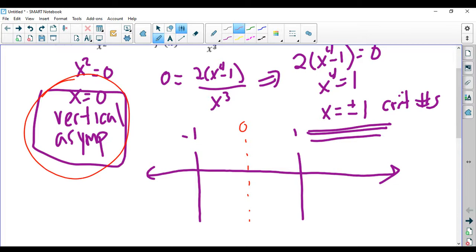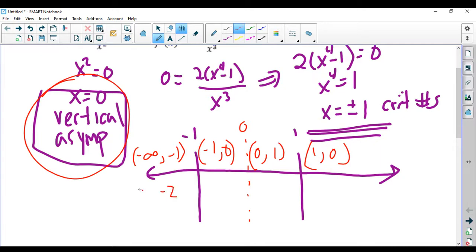So just like before, here are my intervals. Negative infinity to negative 1, negative 1 to 0, and so on. Now, also just like before, I'm going to test the number here in the first interval. I'll use negative 2. So we had to figure out what the derivative at negative 2 is.